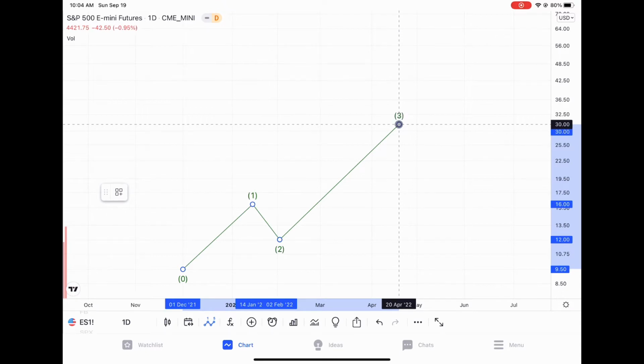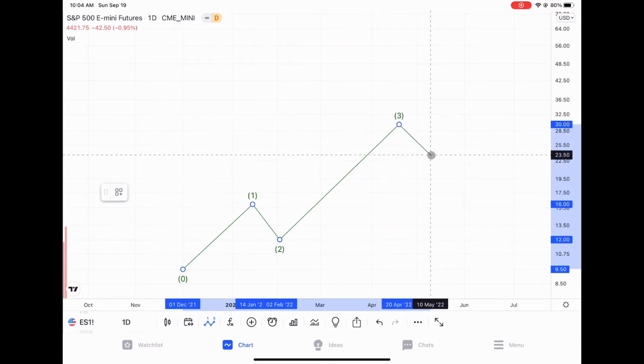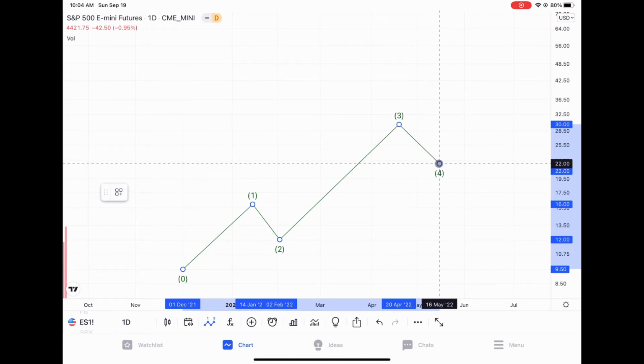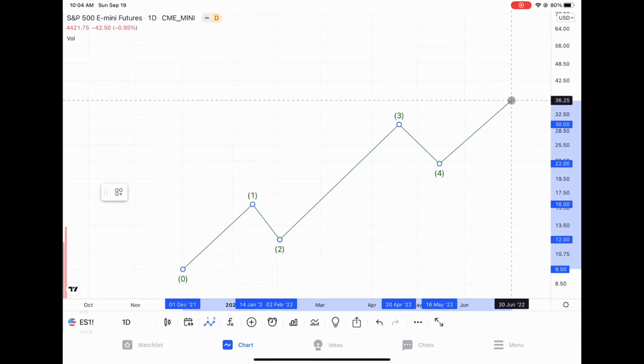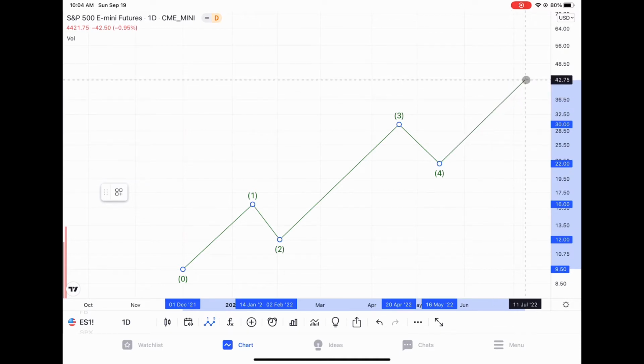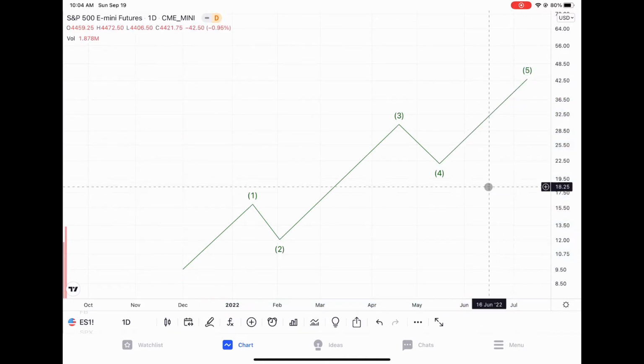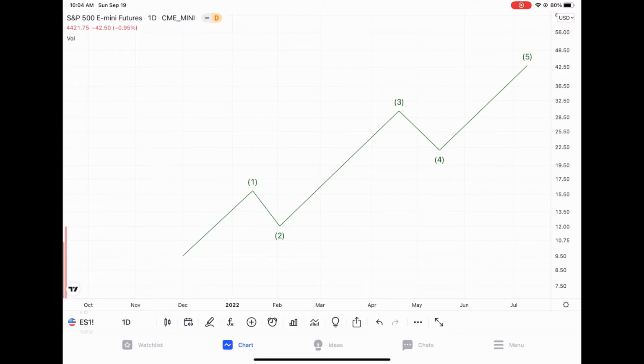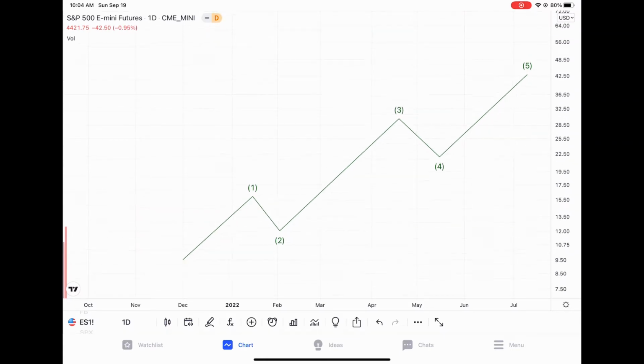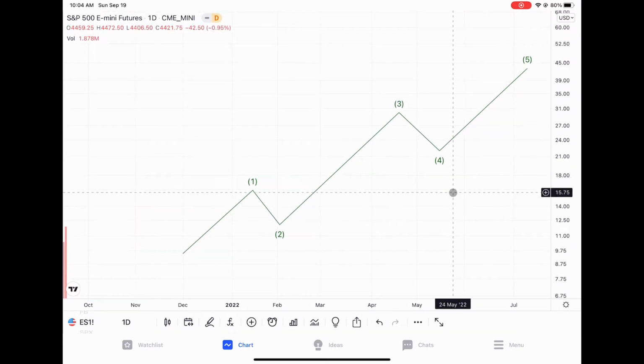After 3, it'll come down for wave 4 and finish off at wave 5. Let's just say $43. This is the basic structure right here.